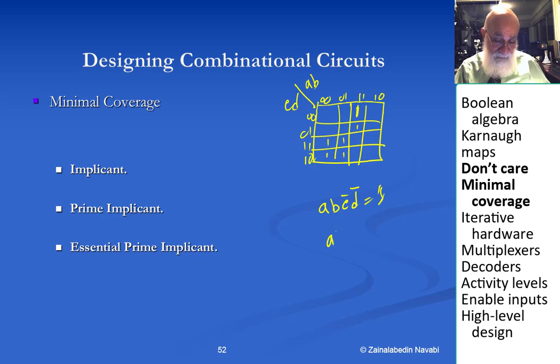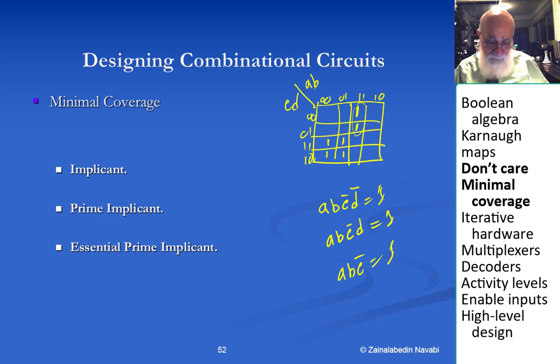A, B, C bar, D, if this becomes a 1, this is this one here, my function becomes a 1, therefore this is an implicant. If the combination of these two, A, B, C bar, becomes a 1, so will my function, and therefore this is an implicant. If any of these become a 1, so will my function.